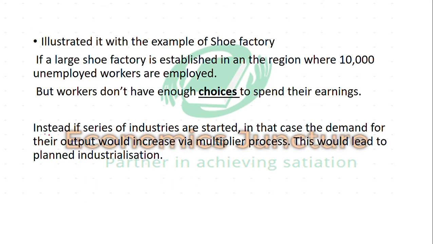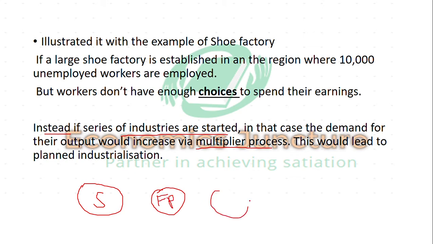So he suggested that instead of that, if a series of industries are started, in that case the demand for their output will increase via the multiplier process, right? So instead of the shoe industry, if we have, let's say, food processing industries and various electronics industries and other industries, let's say XYZ industry, then he suggested that the output would increase via the multiplier process because now the workers have more choices, right?